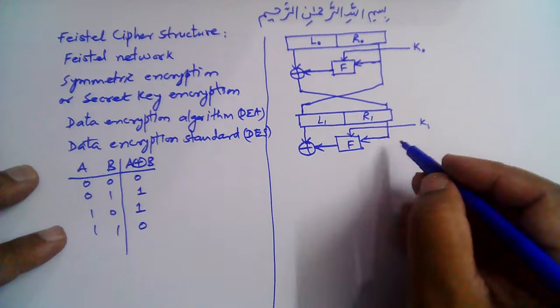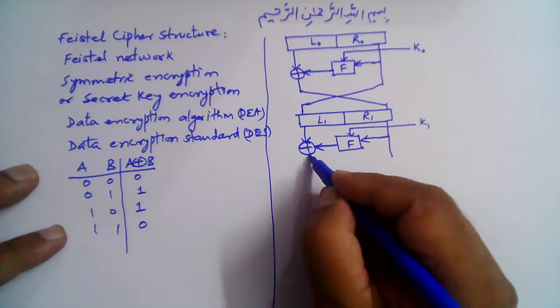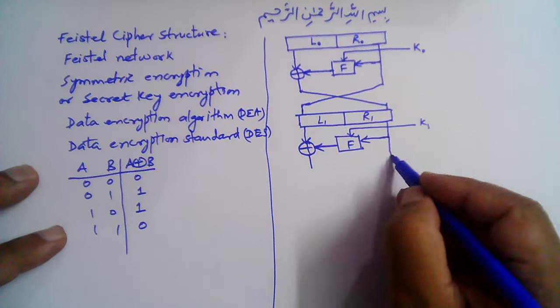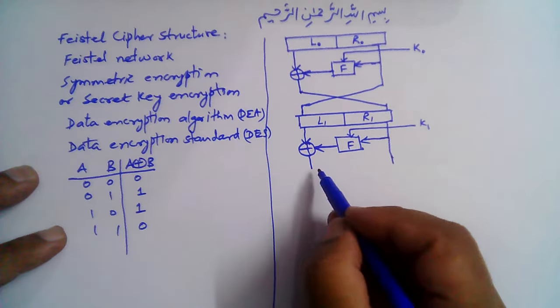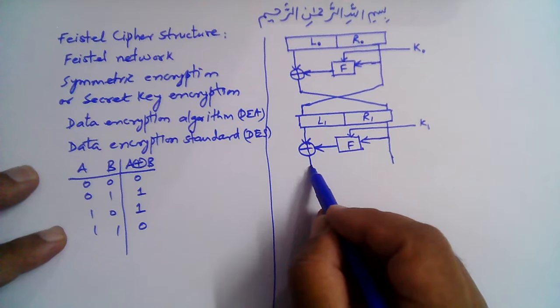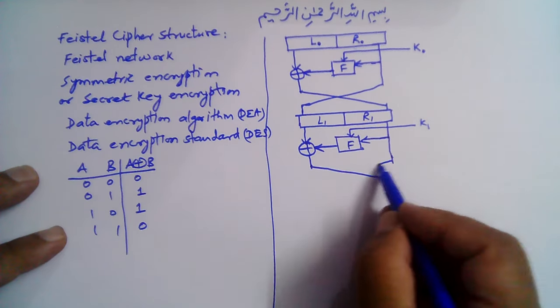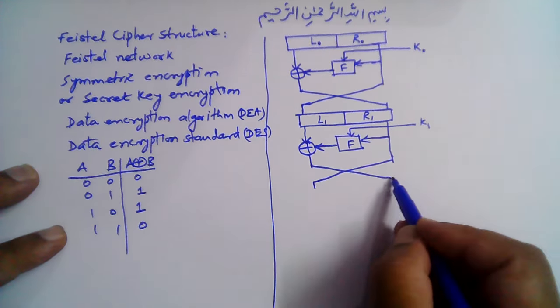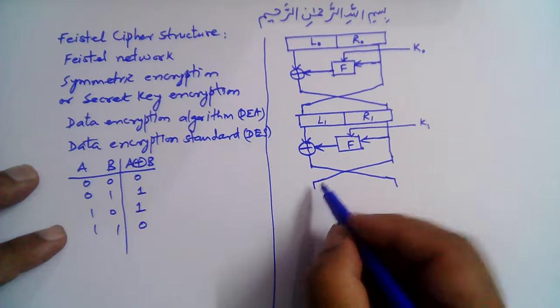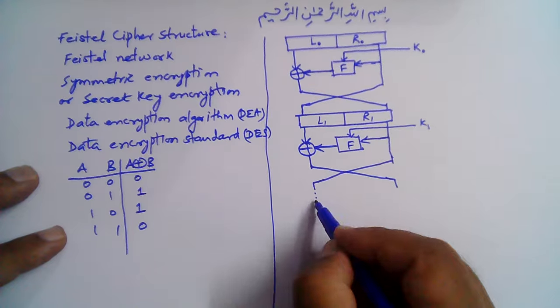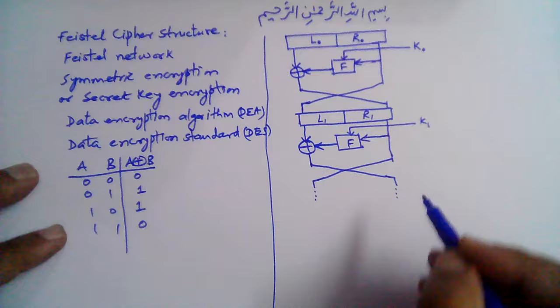Again the two halves are swapped. After each round, the two halves are swapped, right? And this process continues. The dots here show that the process continues.